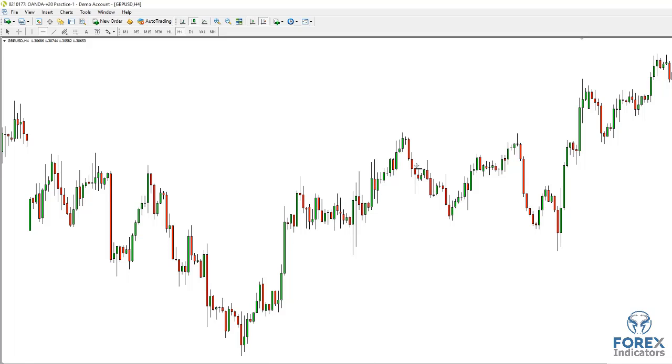So what we're going to do with a support and resistance line is grab a horizontal line from the toolbar and drag that right to the point where the market reversed. The market consolidated here for a while before bouncing up. It pulled back, and at this level again the buyers stepped in and pushed the price up again. Now, assuming that we're at about this point, we see the market pull back again.